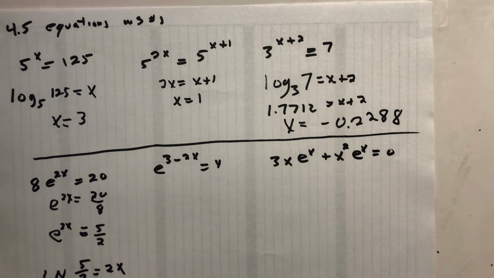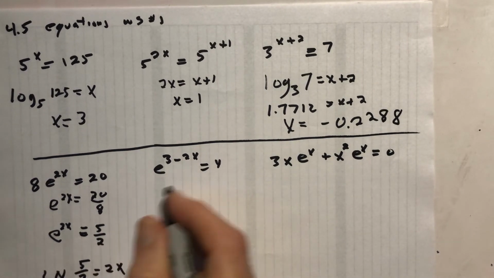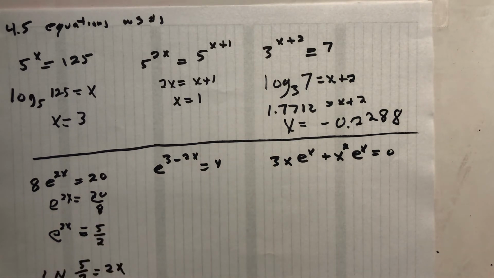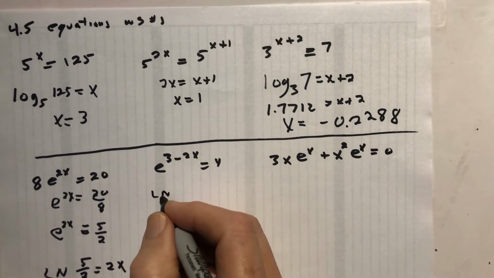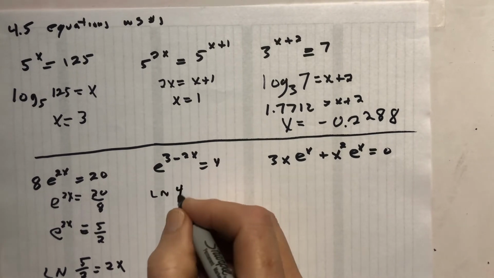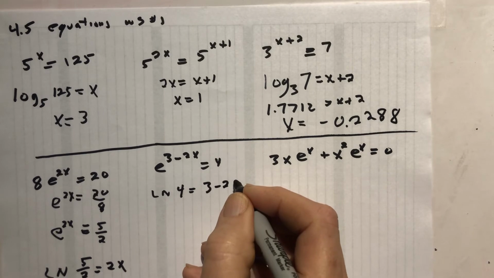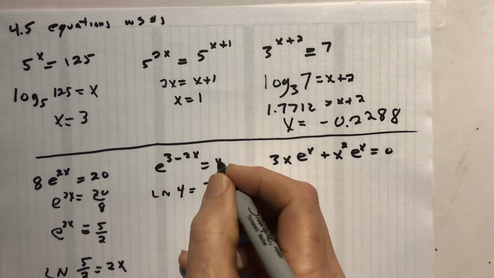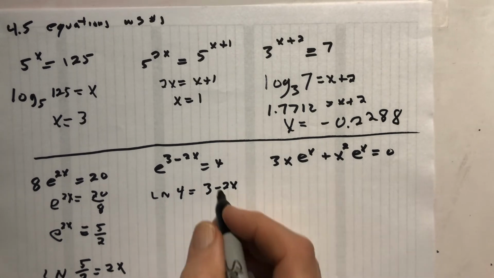I was going to show you how to do the exact answer, but I'll do it on this one. We can go to a log, so see if you can rewrite that as a log. All right, base e of 4 equals 3 minus 2x. Let's not do this right now. Let's just move stuff over.